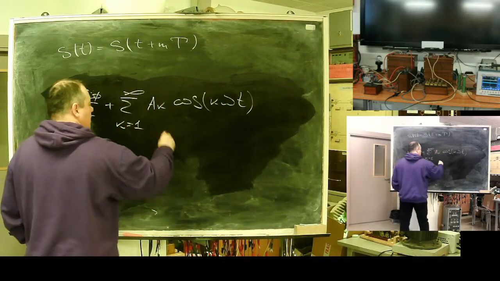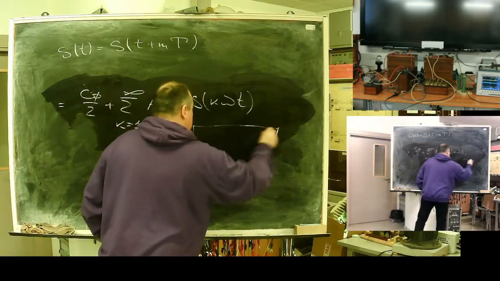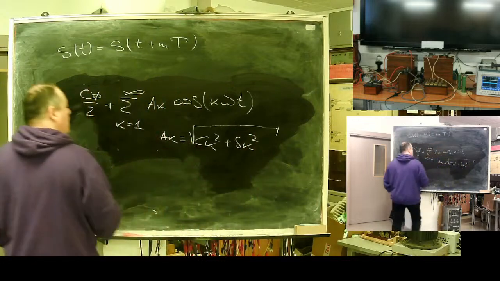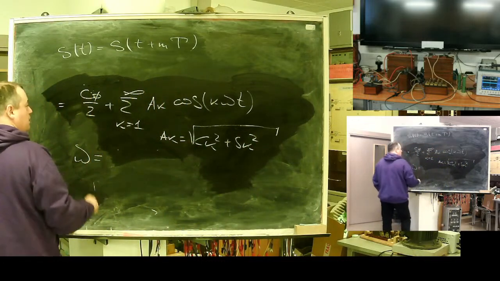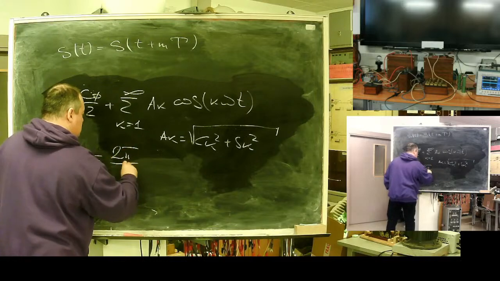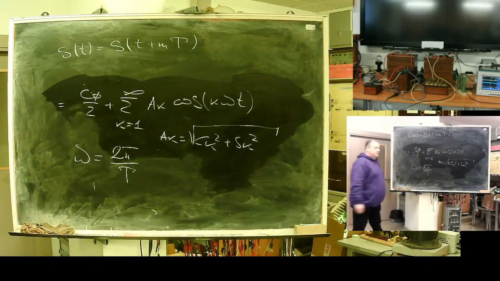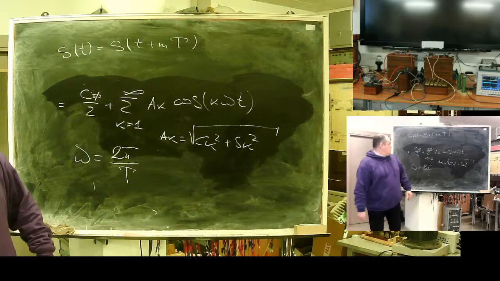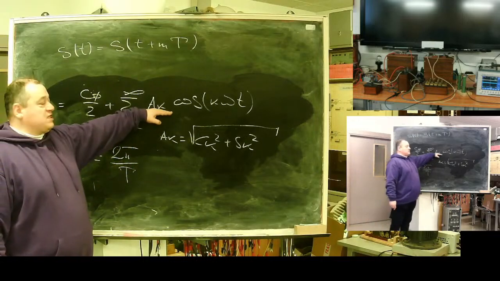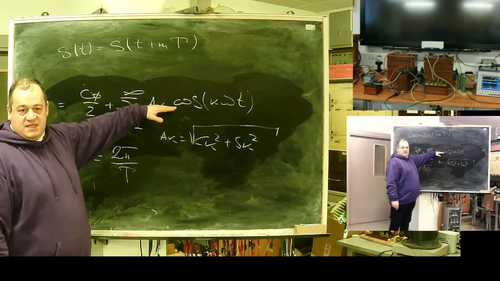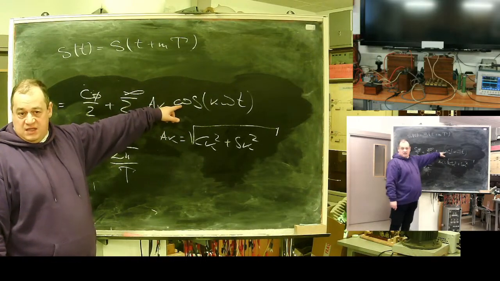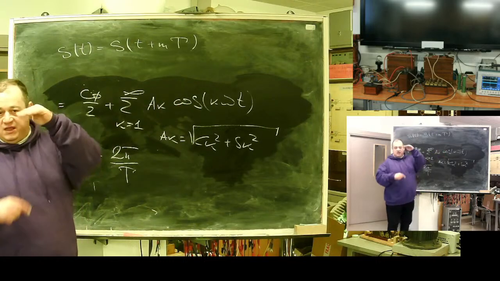Here is the Pythagoras theorem, plus the sine term, and omega is nothing else than 2 pi divided by the repetition period. Very nice idea. You can see that each component is an ideal AC voltage or current. Sine or cosine, there is only a little change, just 90 degrees.